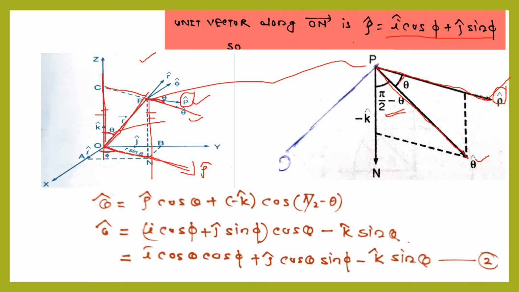Theta cap lies between rho cap and k cap, that means rho cap along the x-axis and k cap along the vertical axis. So theta cap is rho cap cos theta minus k cap sin theta, where in the place of theta we take pi by 2 minus theta, so we can write it as sin theta. Now substitute this value of rho from the above equation, so we have i cos phi cos theta plus j sin phi cos theta minus k sin theta.